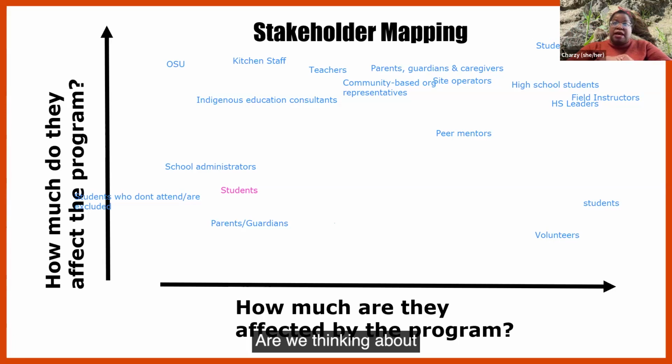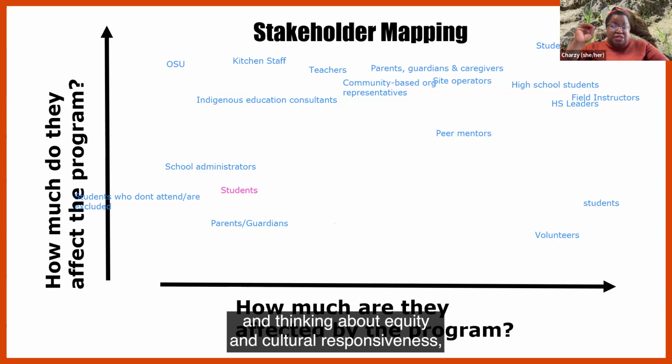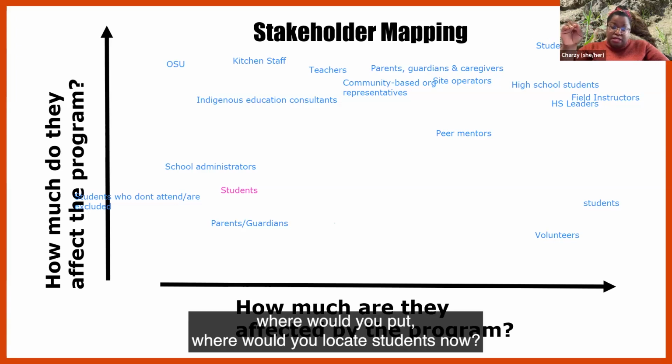Are we thinking about students from marginalized communities such as students with disabilities and how they are affected by the programming you currently have and what that looks like? So taking that into consideration and thinking specifically about students and thinking about equity and cultural responsiveness, using the heart stamp, where would you locate students now?